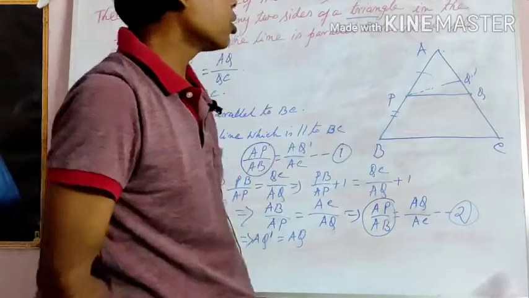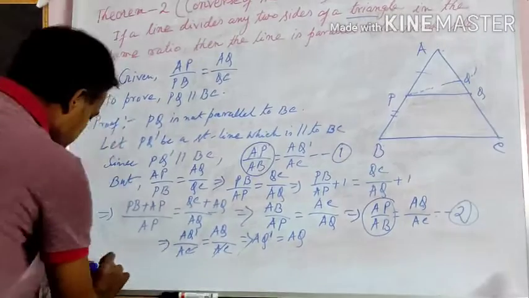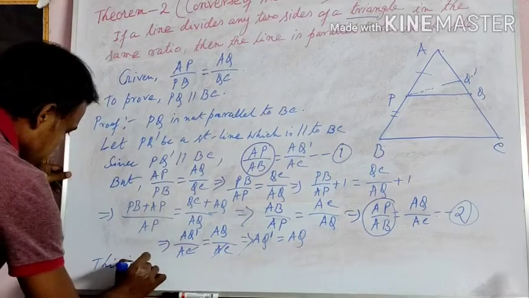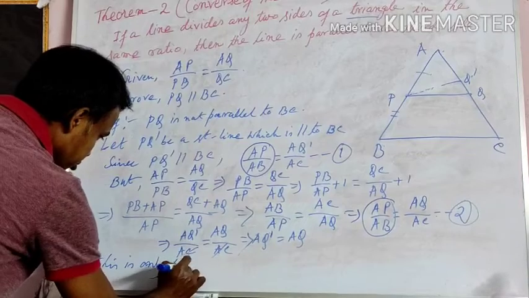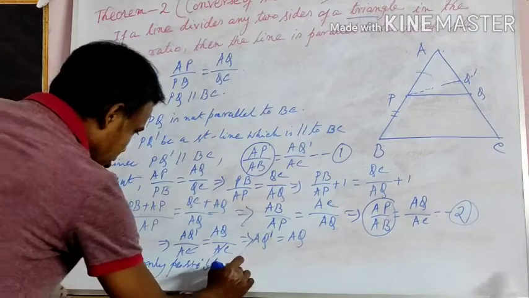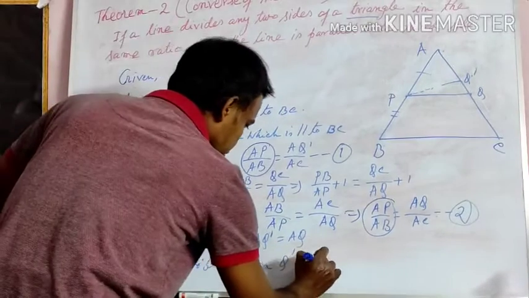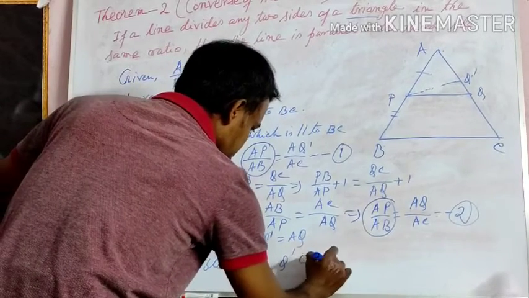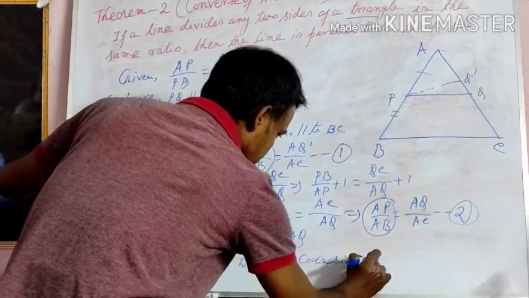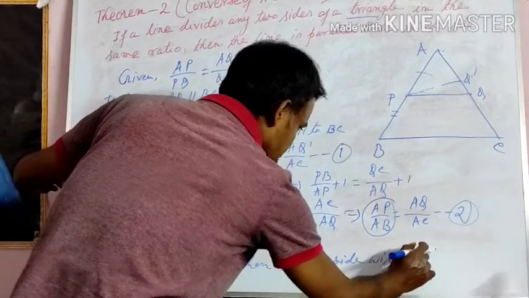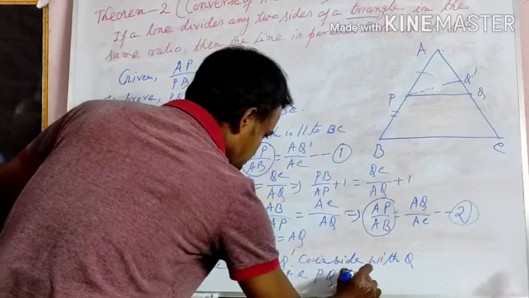This is only possible when Q dash coincides with Q, that is PQ parallel BC.